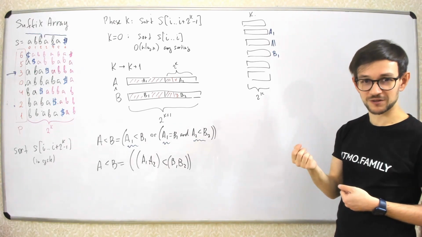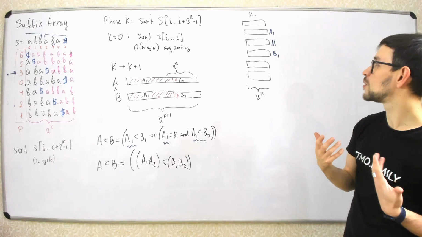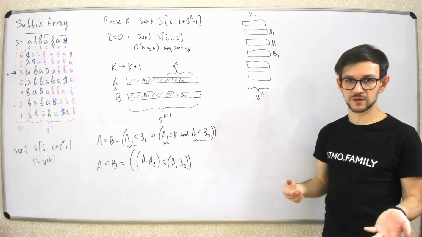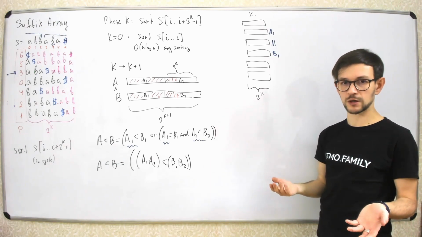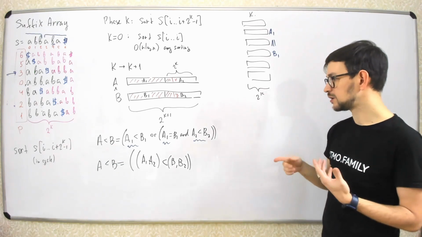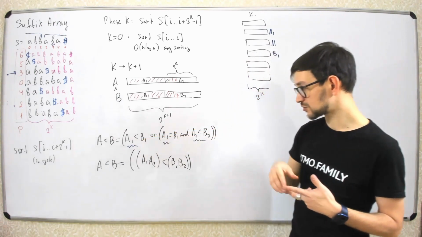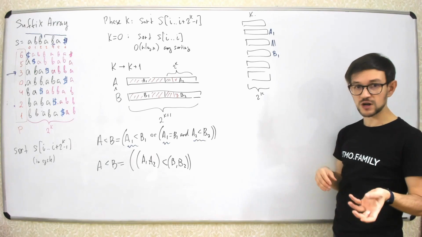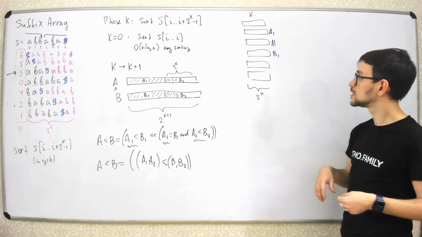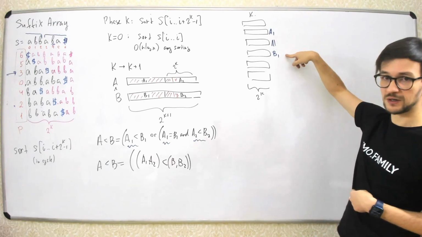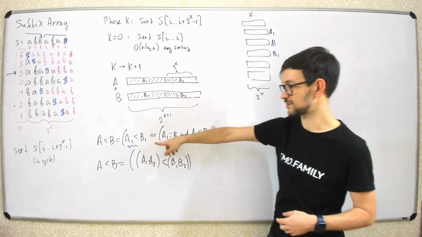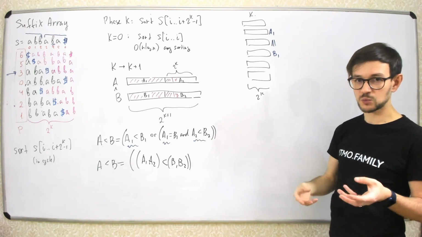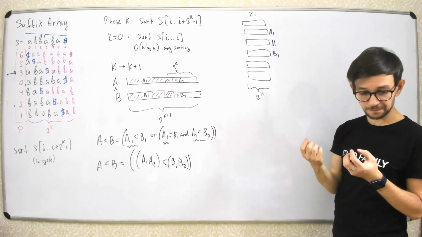This 'or equal' is important, since we don't actually know. If we have just two positions, B1 may be greater than A1, or it may be equal to A1. And we actually have the strict inequality here. So we need to check if it is less or if it is equal. If A1 is below B1, it's definitely not less, right? But if it is above, it may be less or it may be equal. And we need to distinguish these two cases.